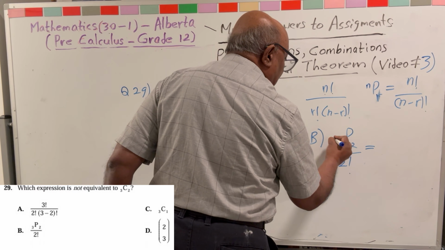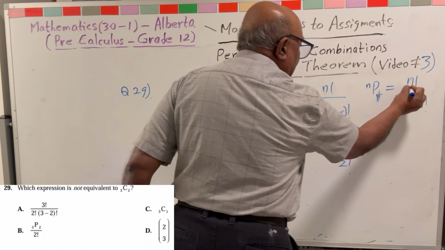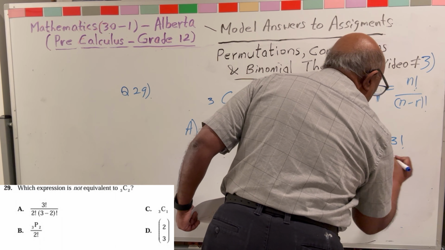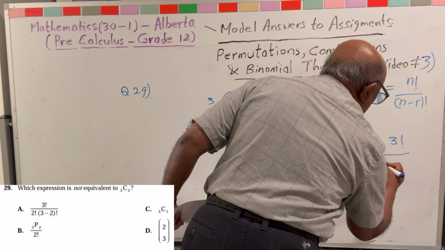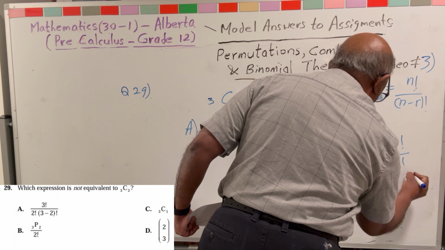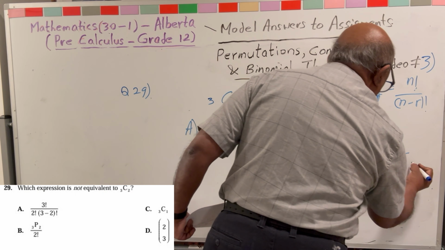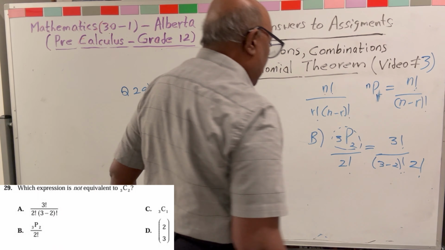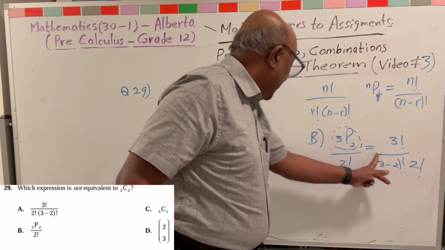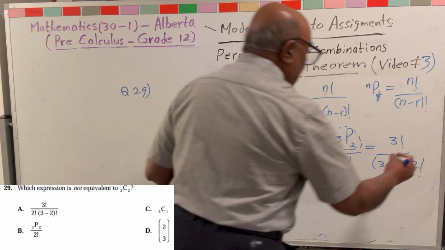That means instead of 3P2, we can apply this formula. n equal 3, divided by n minus r means 3 minus 2 factorial 2. Okay. This also is the same as 3C2. Finally, we get this answer. This is also right.